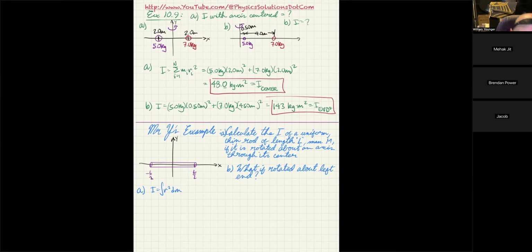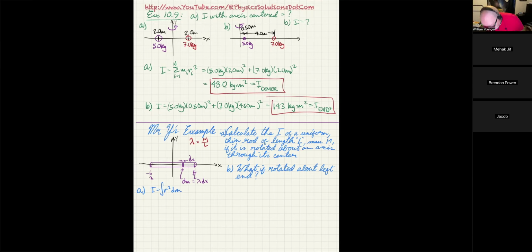And in this case, I'm going to imagine right here that this width right here is dx. And this quantity is dm, which equals lambda dx. Now, for the record, lambda should be M over L because it's uniform.